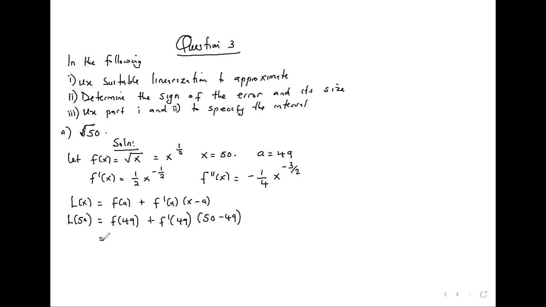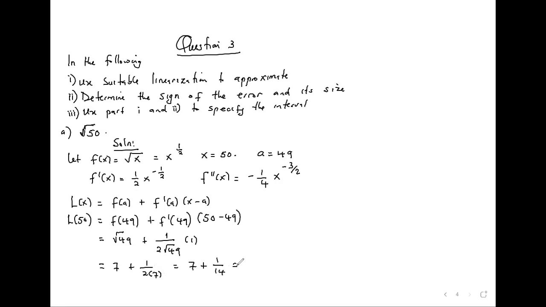So we'll get f of 49, that is root 49, plus f prime, that is 1 over 2 root 49, and then multiplied by 1. This is 7 plus 1 over 2 times 7, which is 7 plus 1 over 14.